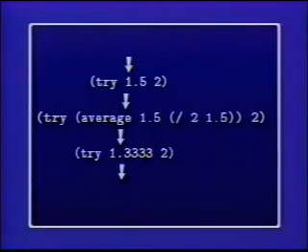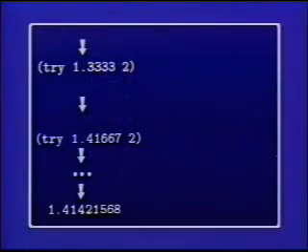So this whole thing reduces to trying 1.333 as a guess for the square root of 2, and then so on. That reduces to another call to good enough, 1.4 something or other, and it keeps going until the process finally stops with something that good enough thinks is good enough, which in this case is 1.4142 something or other. So the process makes perfect sense.